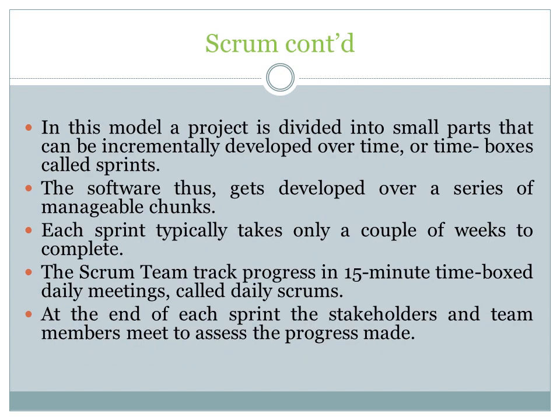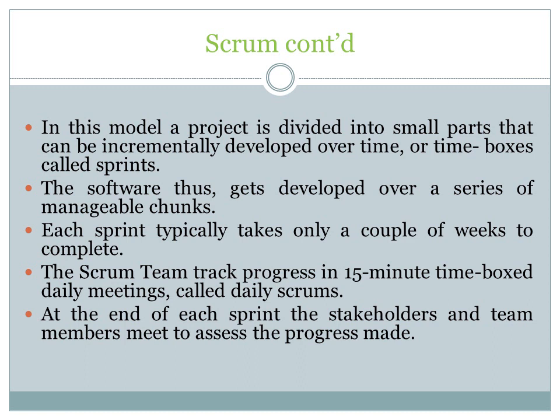Now in this model, as in the XP model, a project is divided into small parts that can be incrementally developed over time, and these boxes are called sprints. The software thus gets developed over a series of manageable chunks.